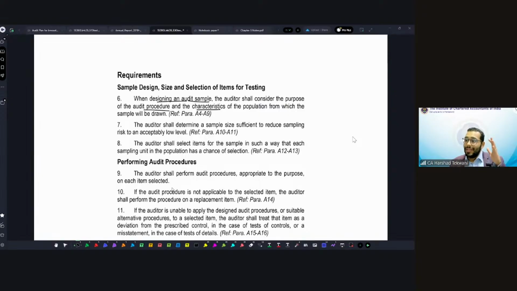That depends upon the characteristics and the audit procedure, or your target, what you want to achieve in that particular scenario. Determine a sufficient sample size to reduce the sampling risk to a low level. Now again, the formula I gave you for sampling was a simple formula for random sampling. But if you are using any other statistical model, you need to define your sample size based on that model and that formula.